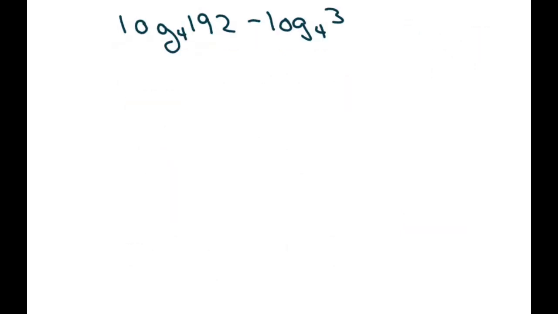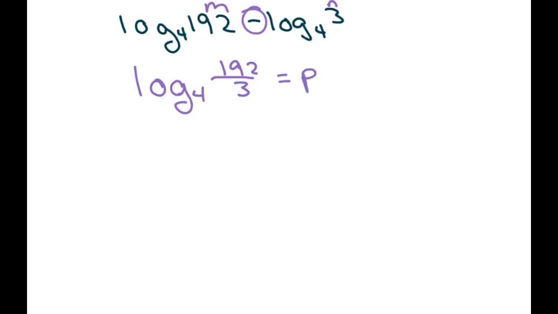And this one, I'm going to do the same thing, condense it and write it as a single log. But I'm using the quotient property because of this minus. So it's 192 divided by 3. That's base 4. We're looking for the power. So we have log base 4 of 64 equals p.